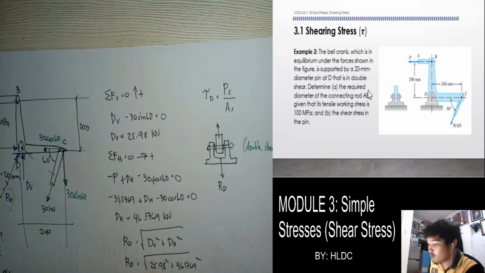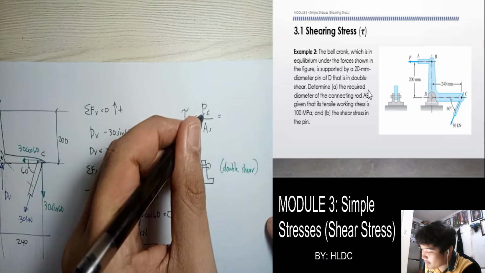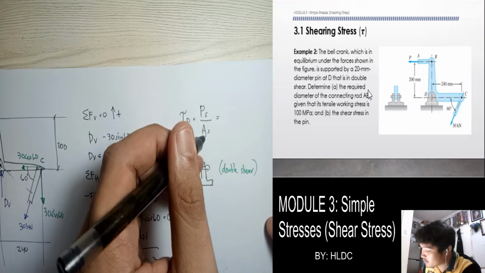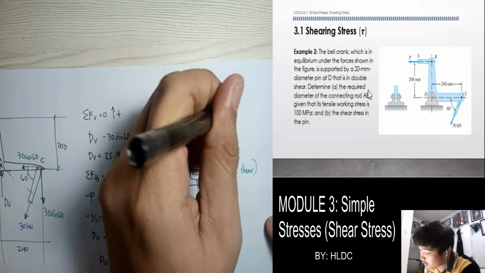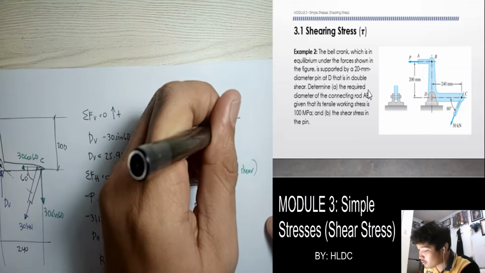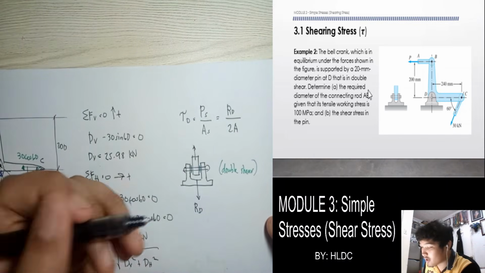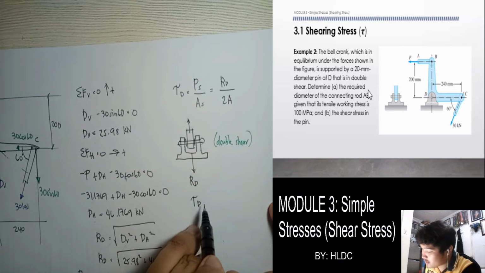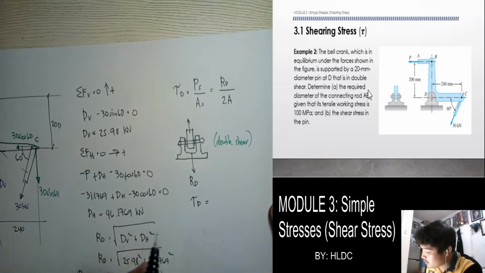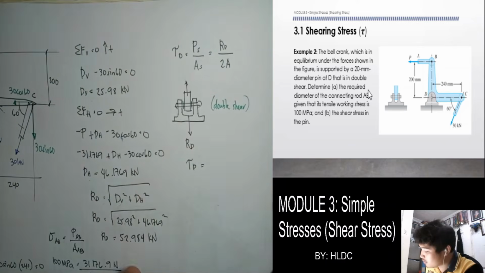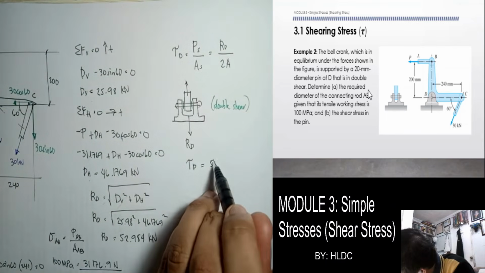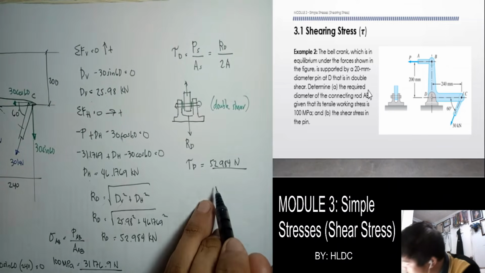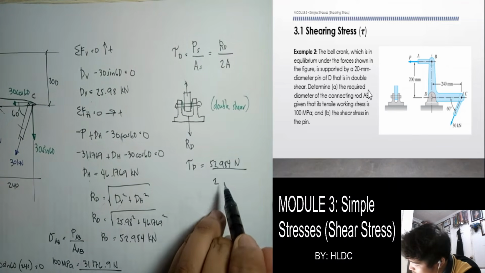So therefore, kung double shear siya, so papalitan ko tong sheared area. Shearing force over sheared area. So shearing force yung RD, while the sheared area yun yung twice the cross-sectional area nitong pin. So now, shear stress at D equals RD. So yung 52. So convert ko na to class. 52.984 newtons over twice the area, 2 times yung area niya.